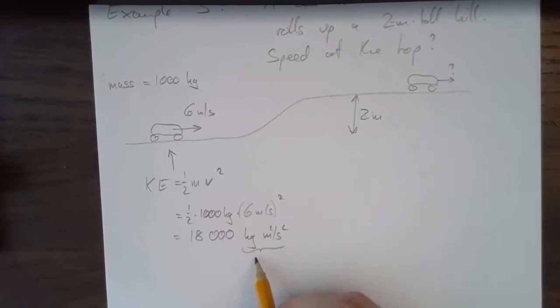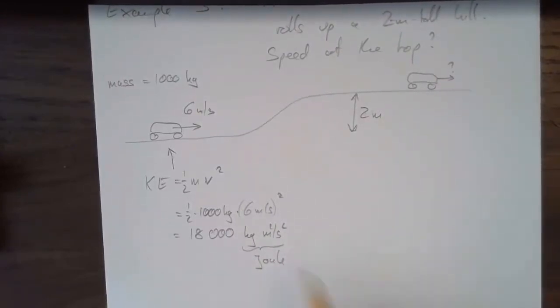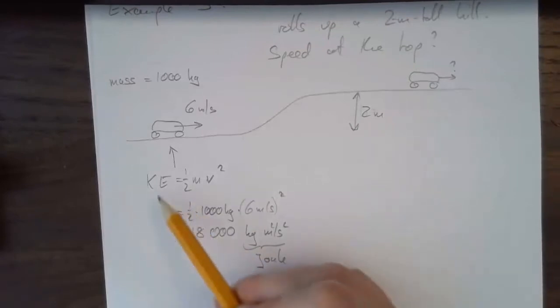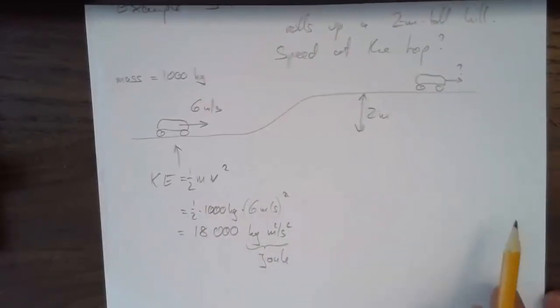This unit I call a joule. So 1 joule is 1 kilogram meter squared per second squared. In this case, the total kinetic energy is 18,000 joules.